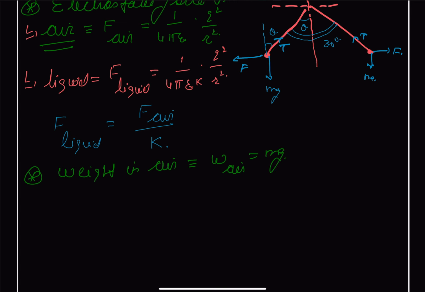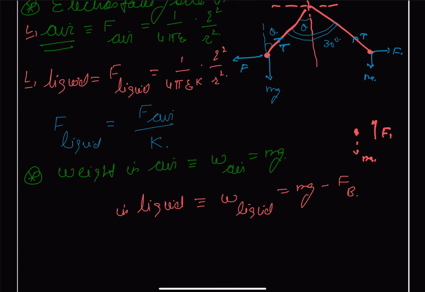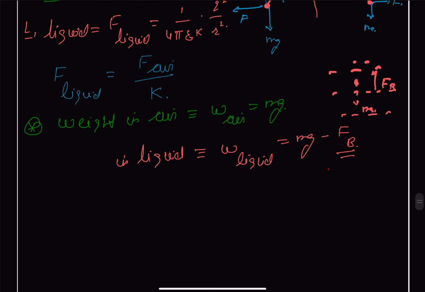But the weight in liquid, we call this as W liquid, will be equal to mg minus the buoyant force, that is our FB. Because there is a charge, in the downward direction we are going to have mg, and in the upward direction we are going to have the buoyant force in the liquid. So here FB is our buoyant force.